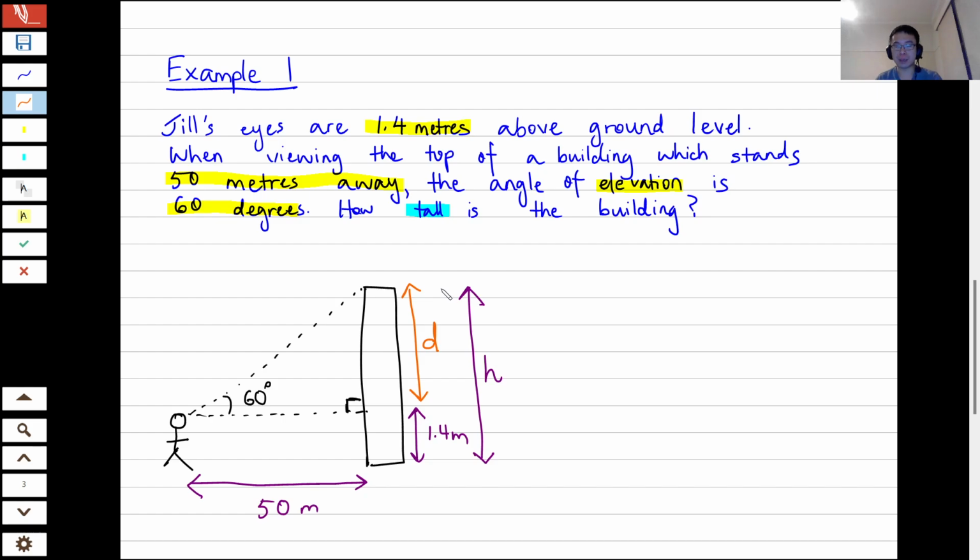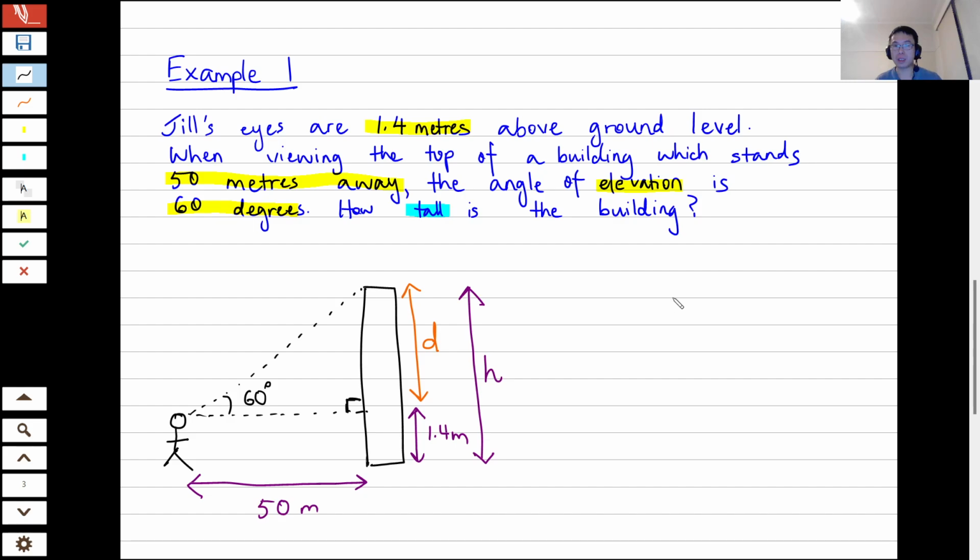So it's up to you whether you choose to give this quantity a different letter or to call this h and add 1.4 meters to your answer. I'm just going to call this d for some unknown distance, and then I'll add 1.4 at the end. So our goal is to find h, and in order to do that I need to find d first.